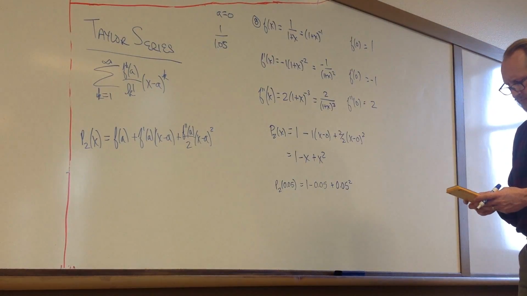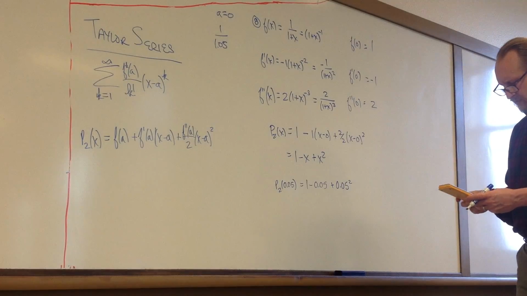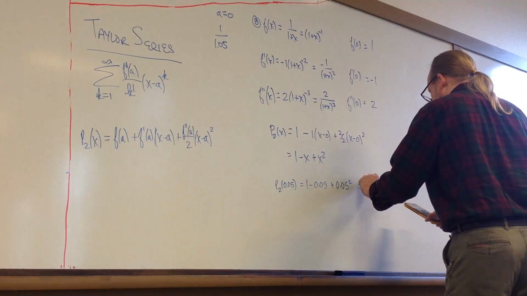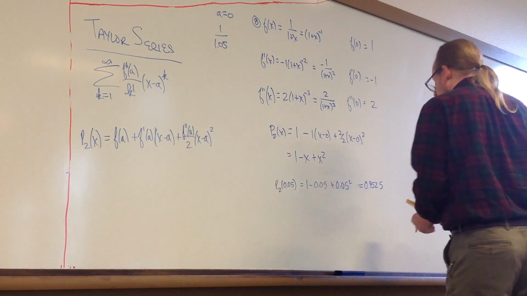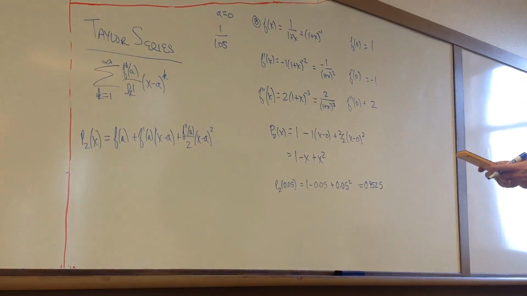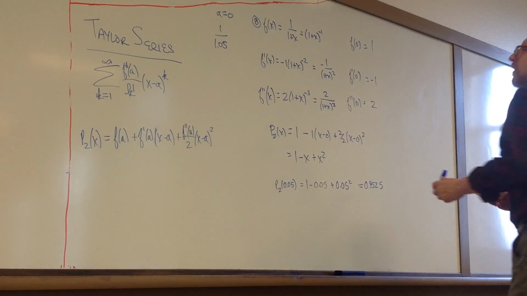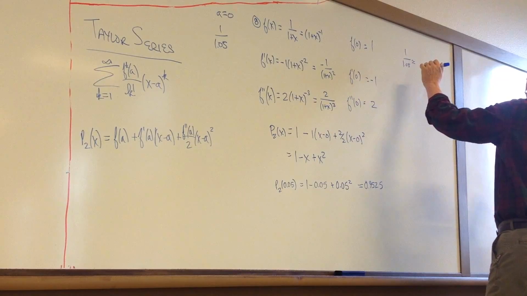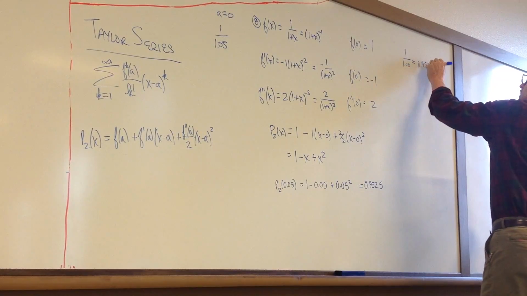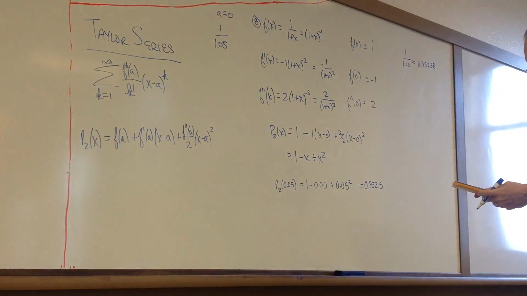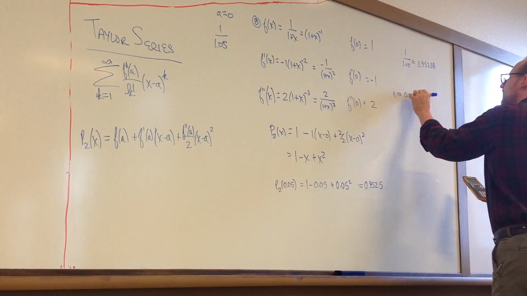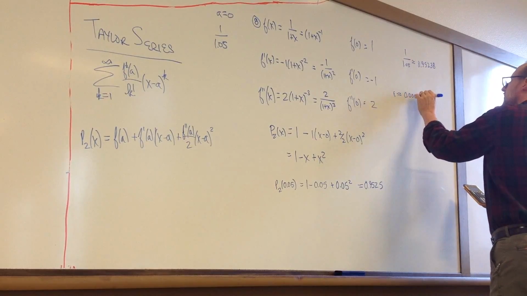And this comes out to be 0.9525. 1 divided by 1.05 is 0.95238. So subtract 0.9525, and our error in this case is going to be 10 to the negative 4th times 1.2.